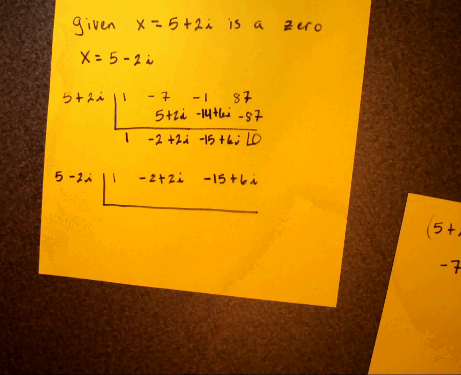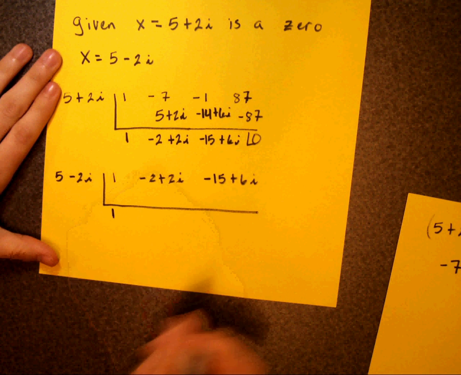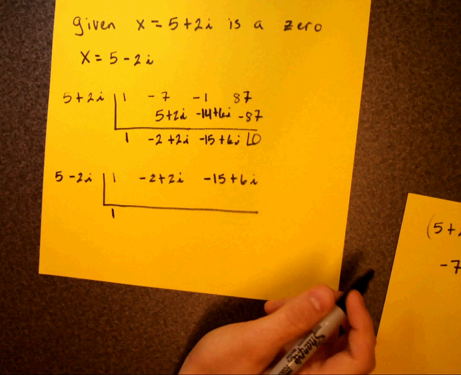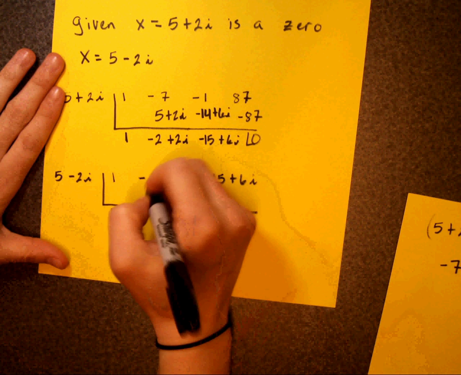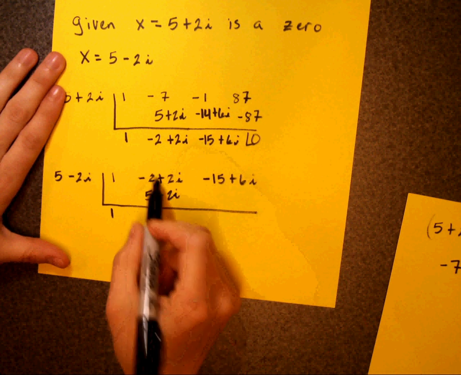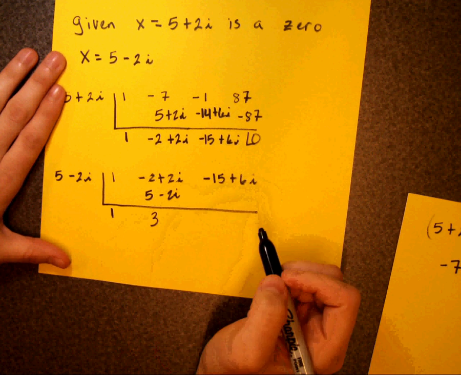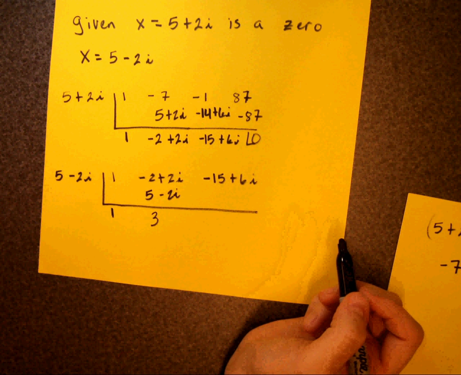Alright, so same thing, a little synthetic division. Bring down my 1, multiply 5 minus 2i times 1 gives me 5 minus 2i. Negative 2 plus 5 gives me 3. And 2i minus 2i luckily cancels out, so I get 3.